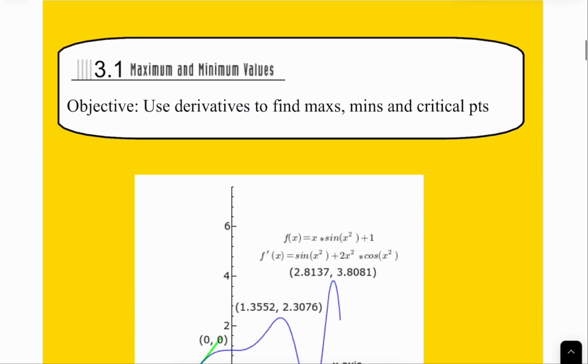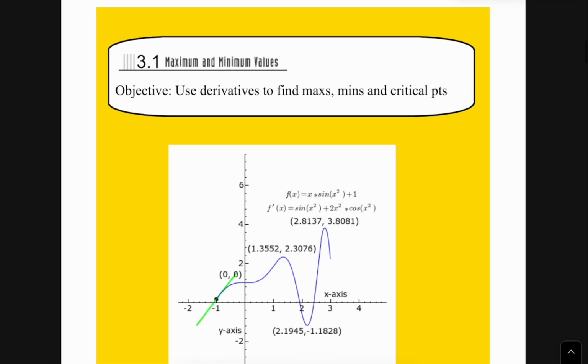Okay, in this lesson, we are going to talk about using derivatives to find minimums, maximums, and critical points. You might recall we have seen this where this moves along, and if it hits a spot where it's decreasing, it turned red.